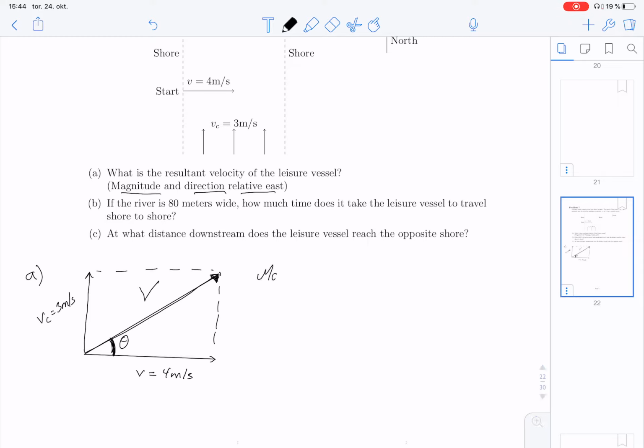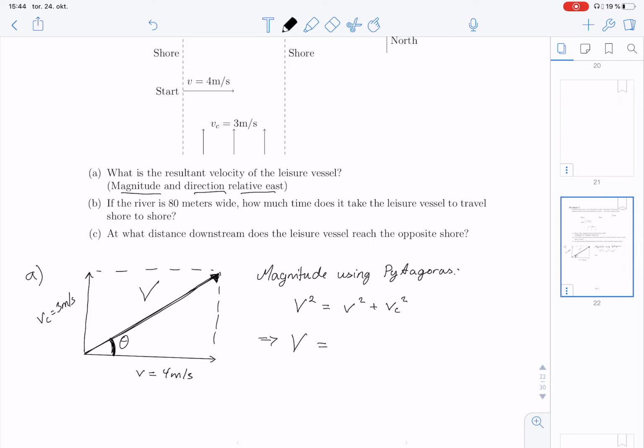So since it's relative east, we need to take the angle between our resultant velocity and the eastward direction. For the magnitude, you want to find the length of that vector, so we could use Pythagoras. V squared would be the speed of the vessel squared plus the speed of the current squared.